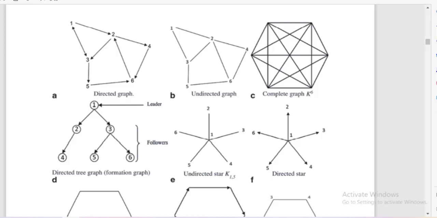There is no arc and no arrow in this graph. We call it an undirected graph. If there are some arrows, we call it a directed graph. If all the nodes in the graph are connected, we call it a complete graph.